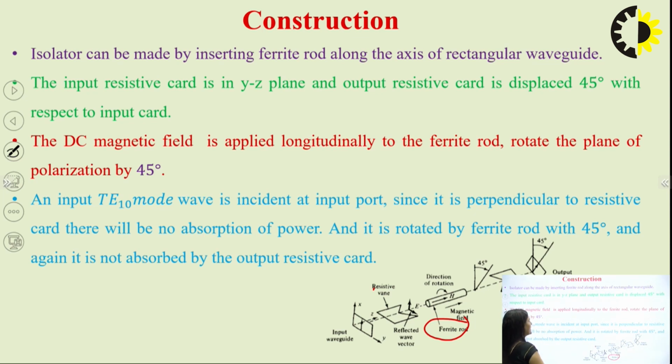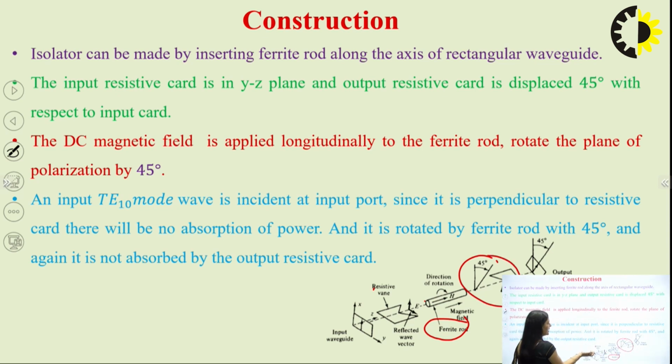The isolator can be made by inserting a ferrite rod, this is your ferrite rod, along the axis of the rectangular waveguide. It means it is placed along the axis of the waveguide. The input resistive card, this is your input resistive card, is in the YZ direction and the output resistive card is at 45 degrees with respect to the input card.